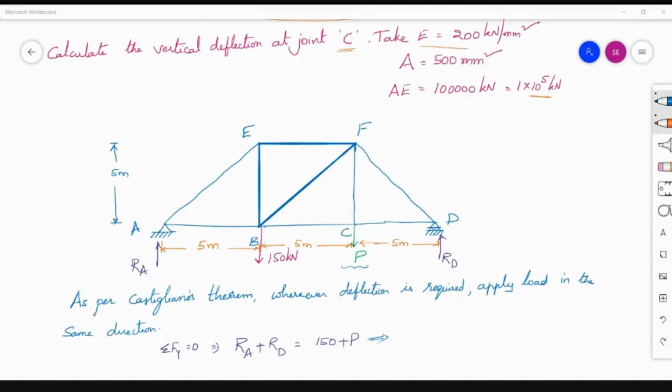To which mail ID did you send? Sir, Madhuru Sriram at the rate of ski.ac.in. No, I didn't receive it. That's why I asked you. Just check it once again and send me once again. Okay, sir. Similarly, Shravya, I didn't receive yours. Sir, I have sent through Google Classroom.